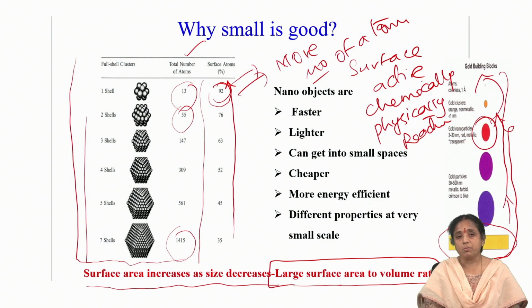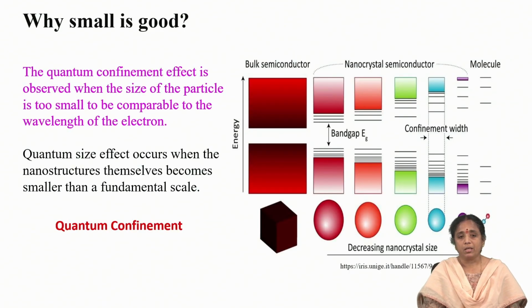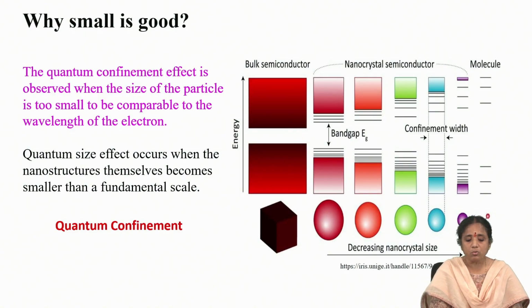It participates very fast in reactions. Now coming to the second one. The second most important property is quantum confinement. This quantum confinement is observed when the size of the particle is too small to be comparable to the wavelength of the electron.